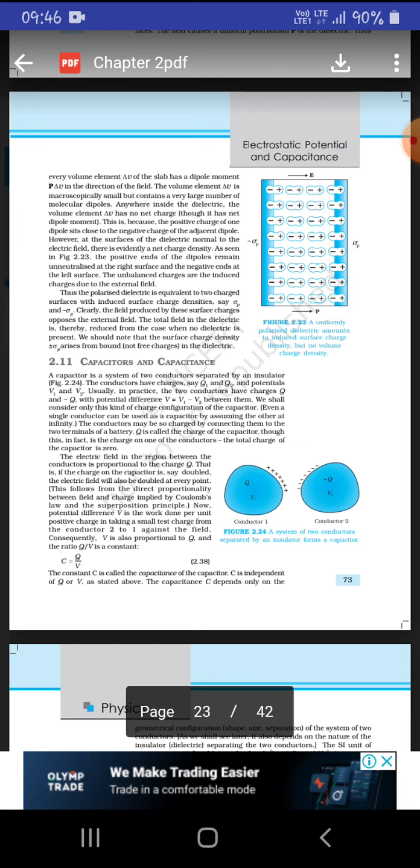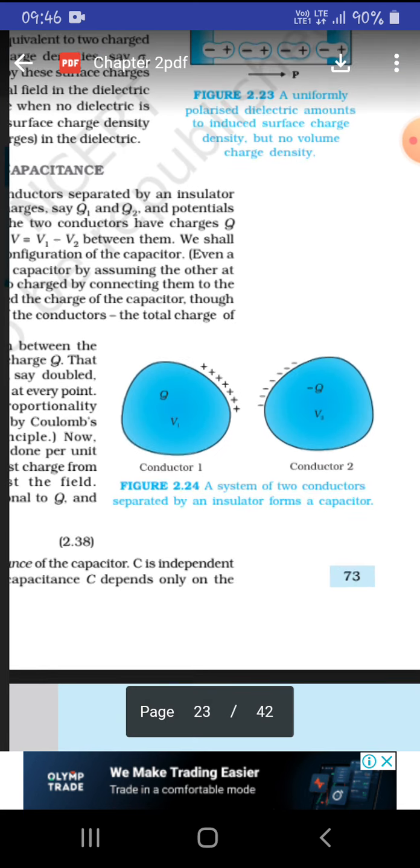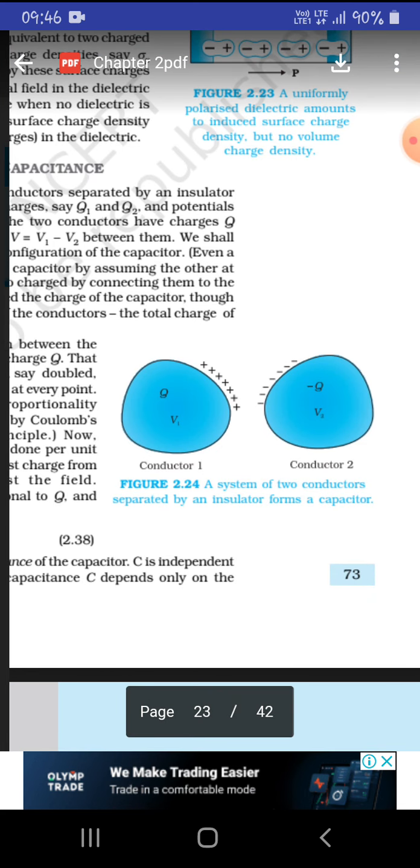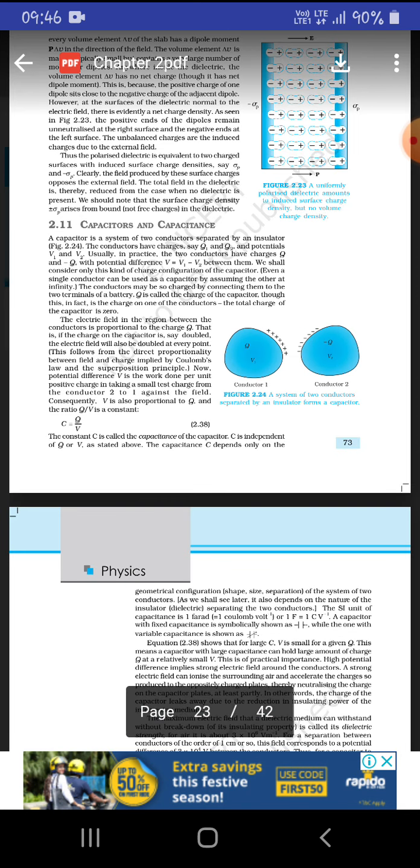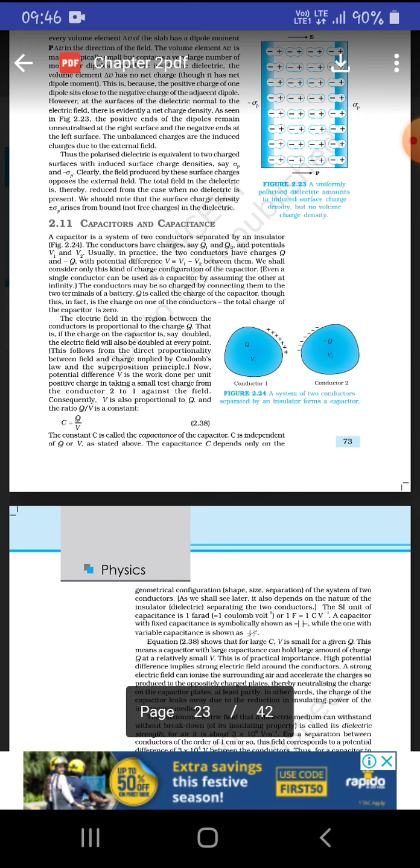Here, two conductors separated by an insulator form a capacitor. Here C is equal to Q by V, where V is proportional to Q, and the ratio Q by V is a constant.